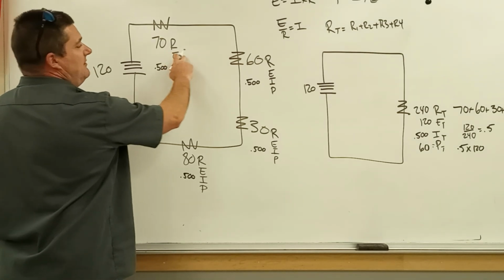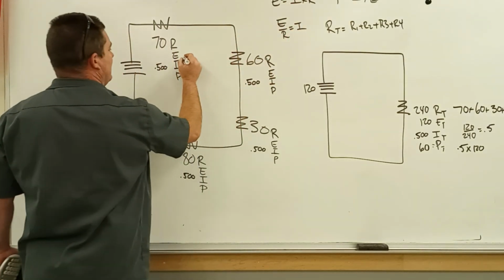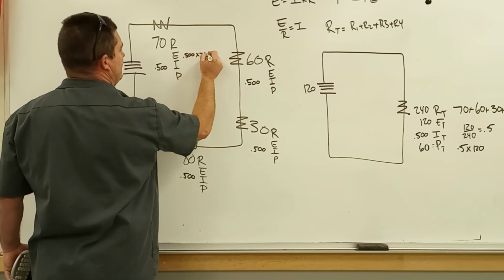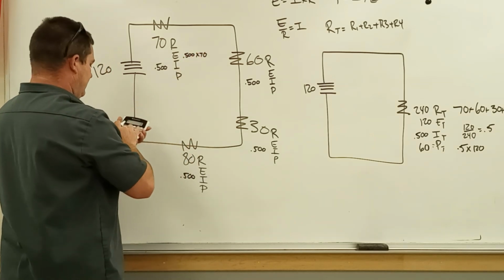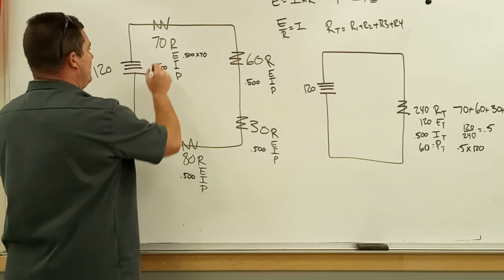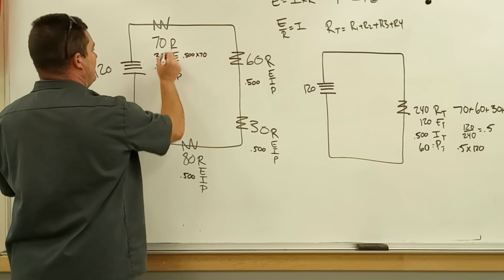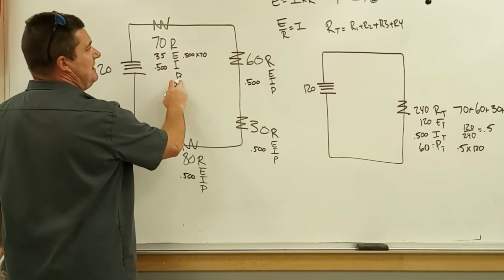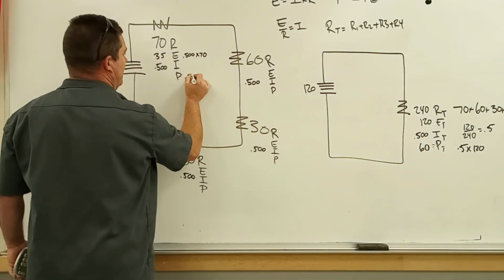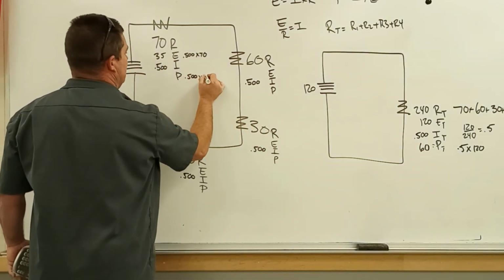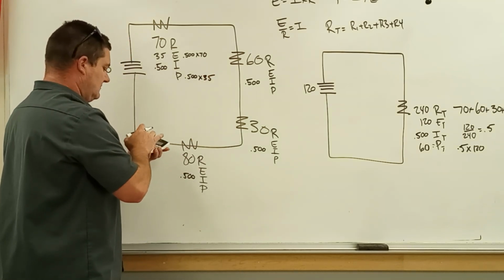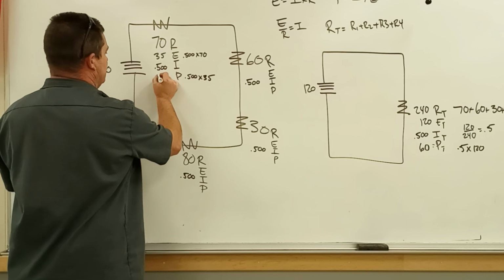To find E, E equals I times R, so 0.500 times 70, 35. And P equals I times E. I 0.5 times E 35, 17.5.